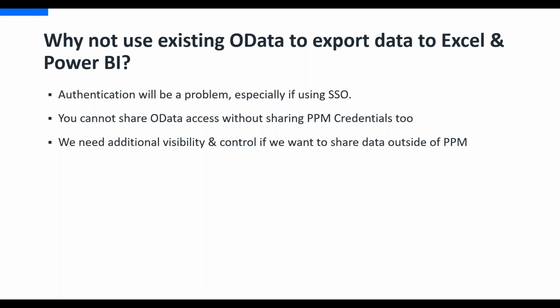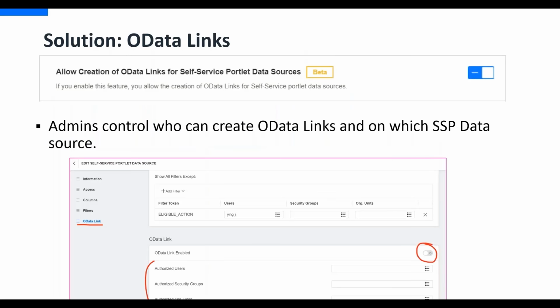If admins decide to stop sharing some data, they should be able to do that. All these concerns and issues are addressed using the OData link. So let's see what OData links do.